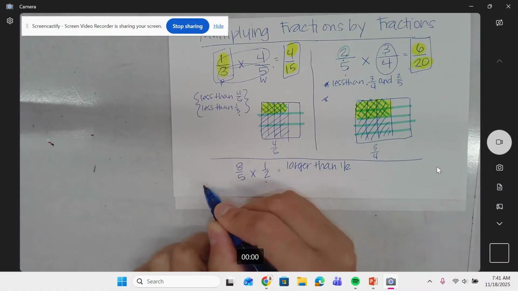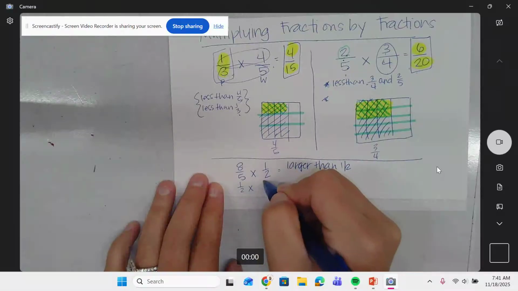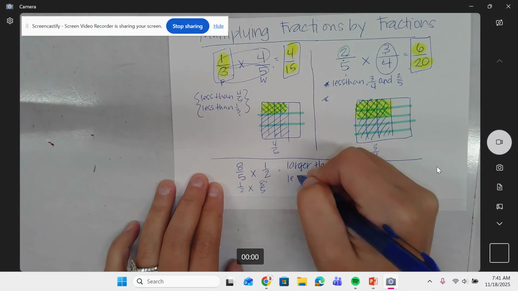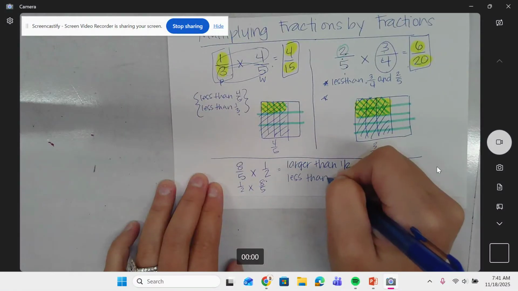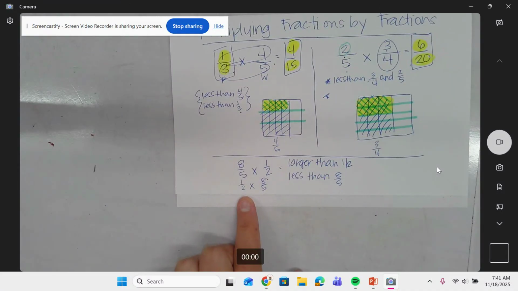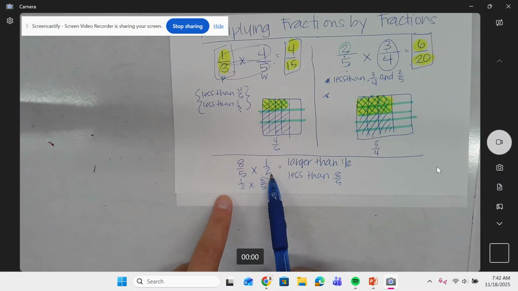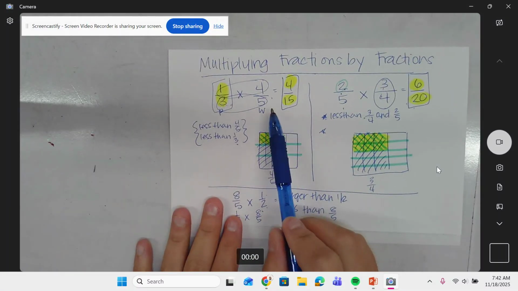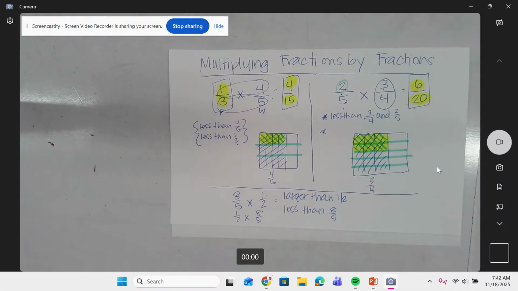And then if I flop this and I said half times 8/5, I know that my answer actually has to also be less than 8/5 because I'm only finding half of it. The thinking is we want them to understand what happens when you multiply fractions, not just multiplying straight across to get an answer.